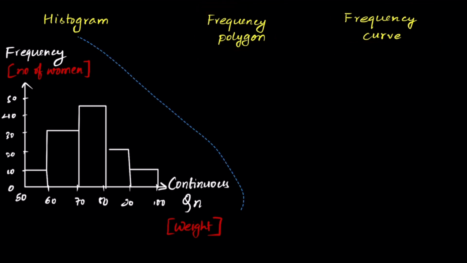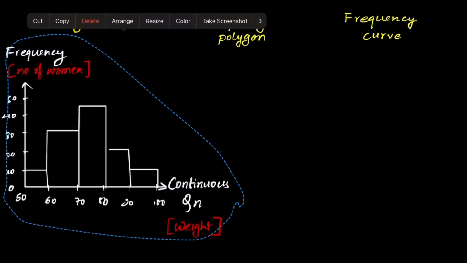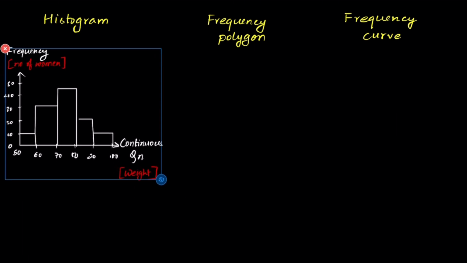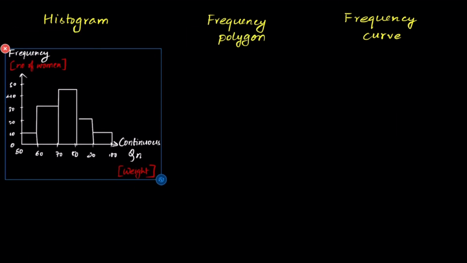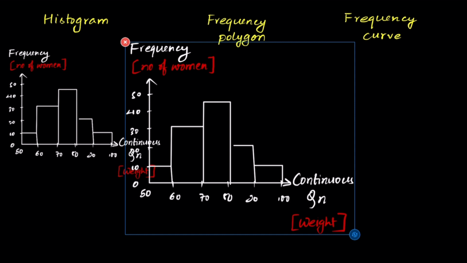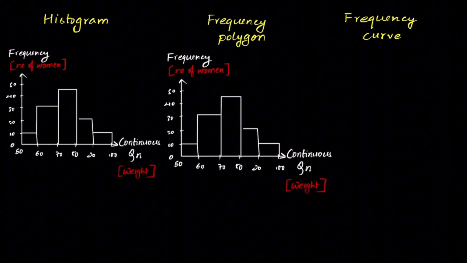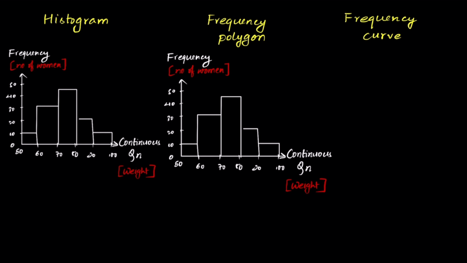Now let me show you how you can draw frequency polygon as well as frequency curve using histogram. First, let me make the graph smaller. Okay, so here's your histogram. Copy, paste. Now this is what you need to do in order to make a frequency polygon from a histogram. From each of these bars, take a midpoint.